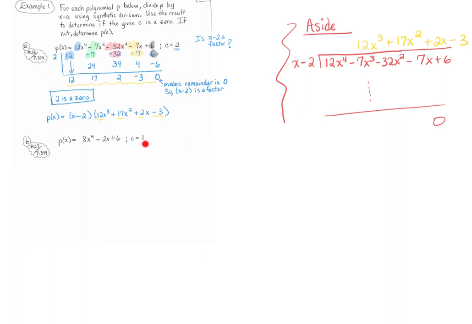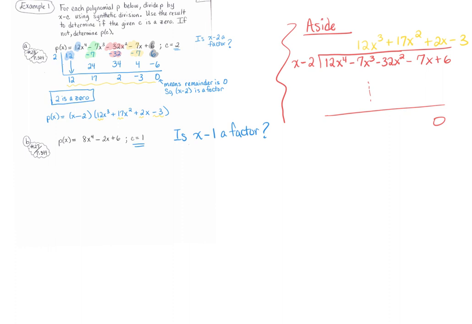So here, what's your factor? Your factor here, if you have c equals 1, that corresponds to x minus 1. So is x minus 1 a factor? So we're dividing it. If x minus 1 is a factor, we're going to have a remainder of 0. If it's not a factor, we're going to have some other number.